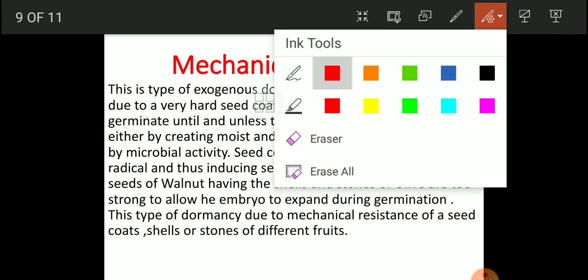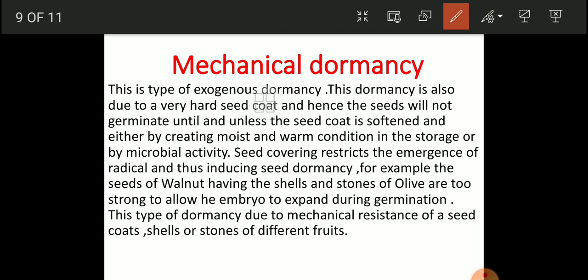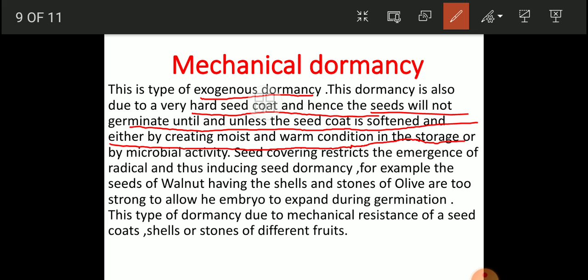Now, mechanical dormancy. We have seen physical, we have seen chemical, now mechanical. This is a type of exogenous dormancy. The dormancy is due to a very hard seed coat, and hence the seeds will not germinate until and unless the seed coat is softened, either by creating moist and warm conditions in storage or by microbial activity.